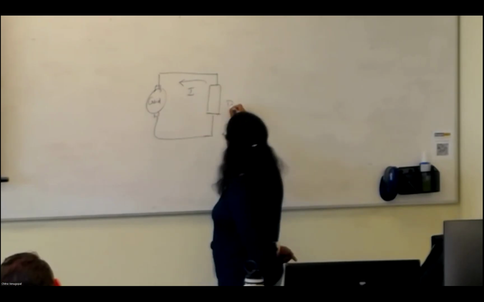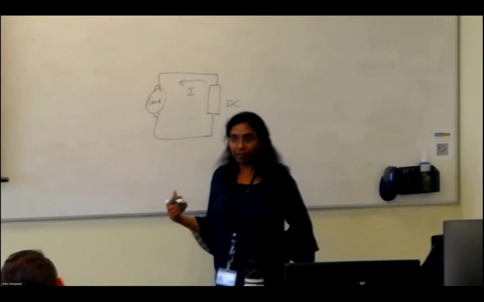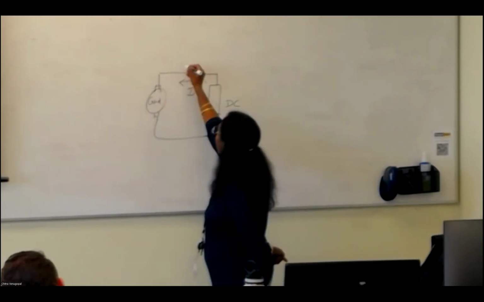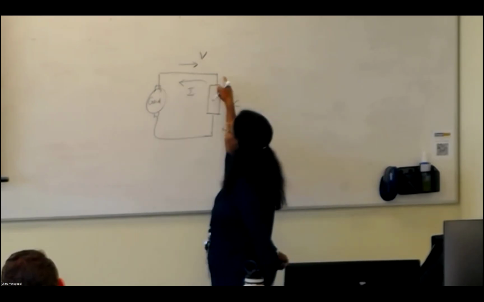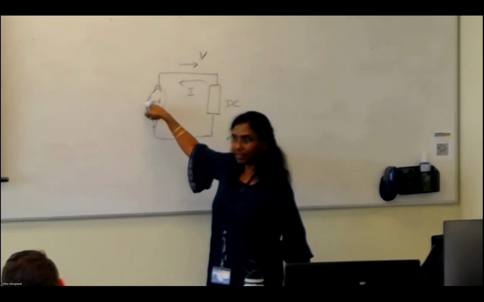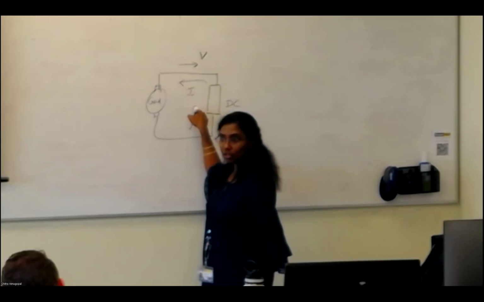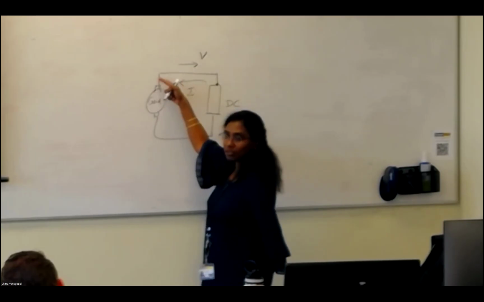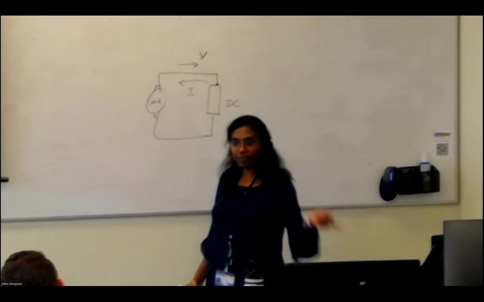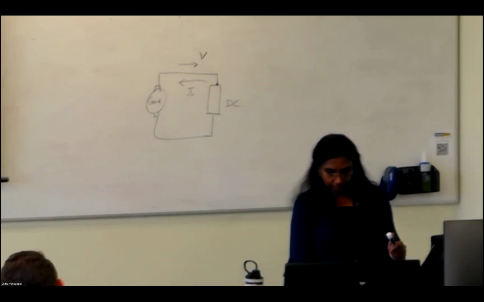At the same time, if it is a DC load, then it will need reactive power to supply power to the grid. The reactive power is managed by voltage. So voltage will go in this direction, current will go in this direction. If the directions are changed, then the power factor will be negative. That's what is coming in the next slide.